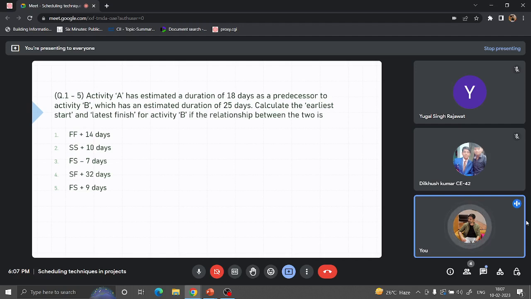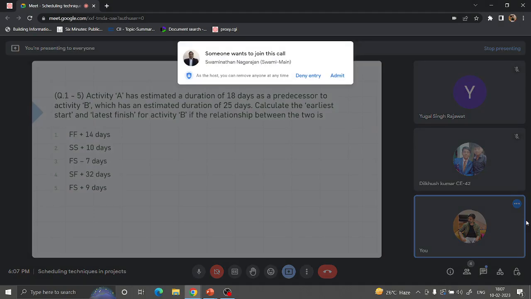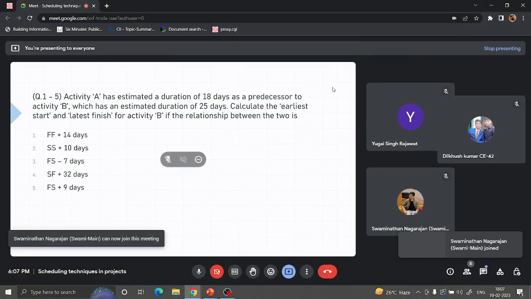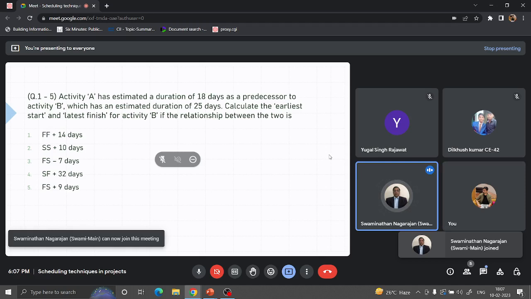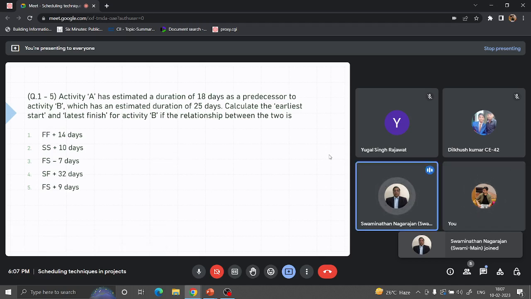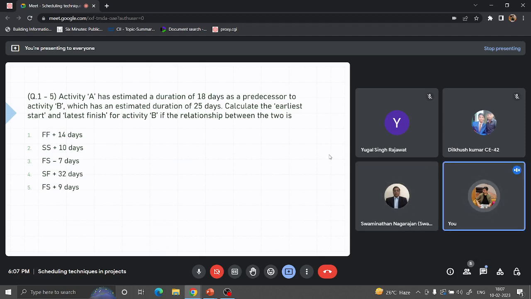This is quite interactive, so you will have to reply. Okay, so I will repeat my question. Is PDM same as CPM, the one which we were doing last week?